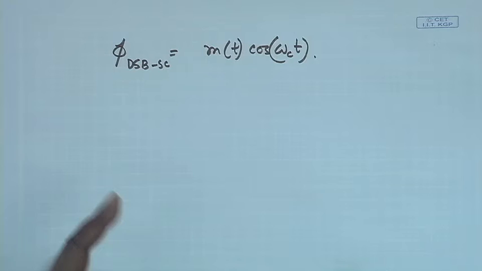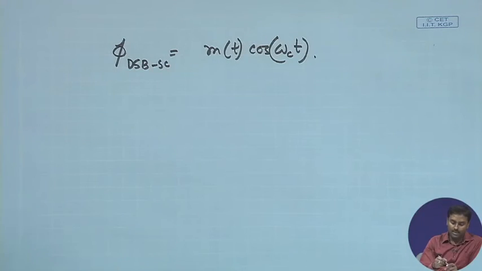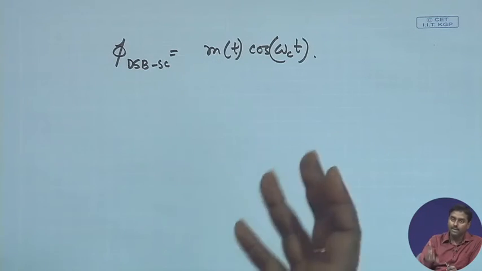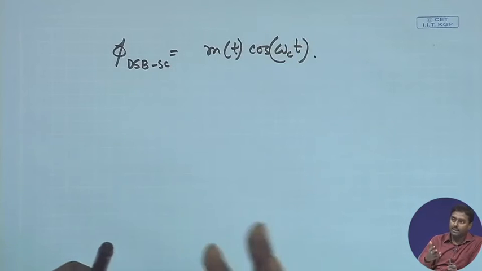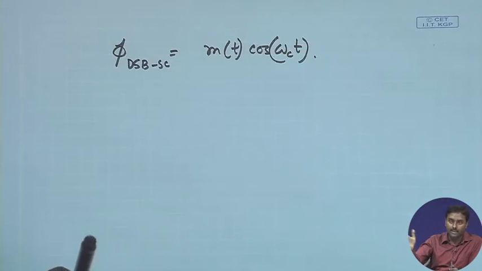Now, let us say I will be locally generating a carrier. Okay. So, to demodulate it, first I will take it from the channel through the antenna and then locally generate a carrier, whichever way I get that carrier. Let us say I get that carrier, I will multiply with this carrier, right.